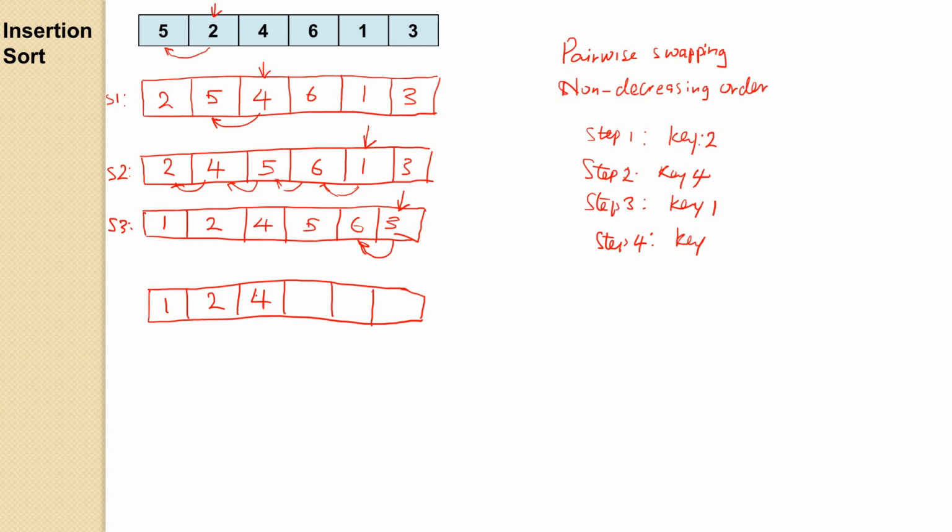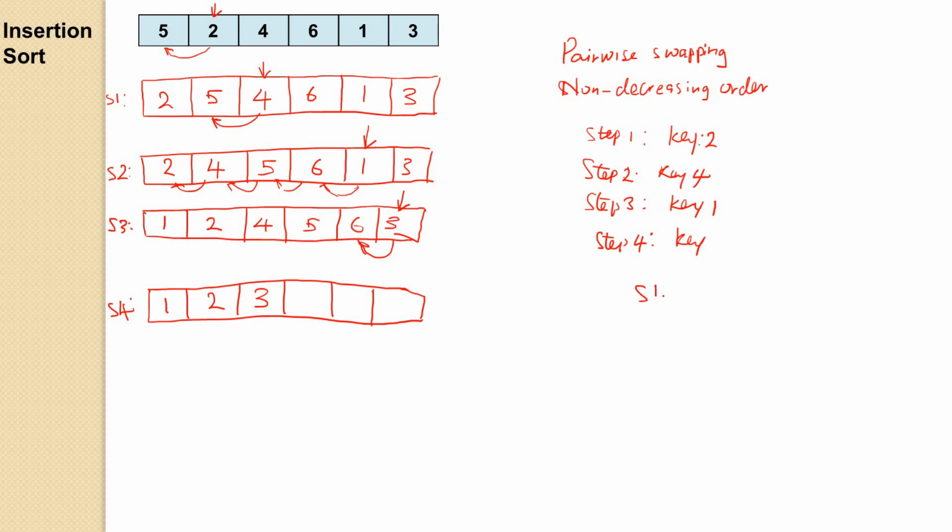So at this point we need to insert 3, not 4. So let me take back my pen. So I insert 3 here. Of course, it's insertion sort. So now when we insert 3, we move everything by shifting.